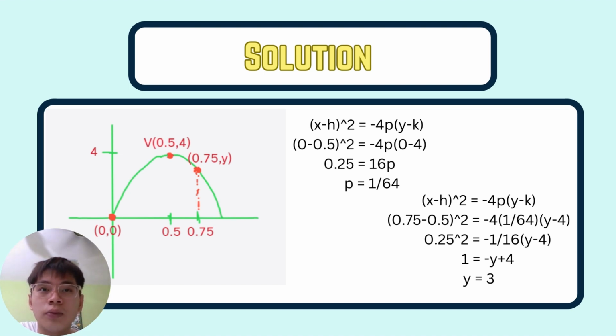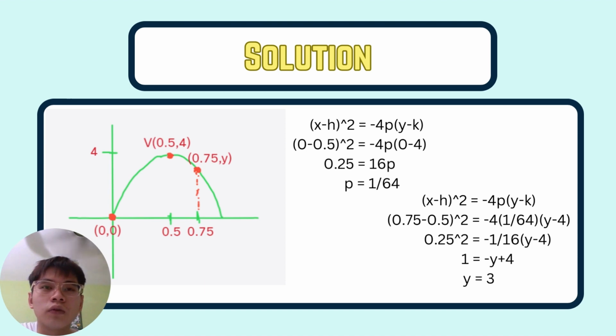After we get the value of p, we can find the unknown y when x equals 0.75. The vertex is the same, which is (0.5, 4), and we sub as h and k. Now the x is different, which is 0.75, and the y we keep as y since it's unknown. So we get (0.75 minus 0.5) squared equals negative 4 times 1 over 64 times (y minus 4).